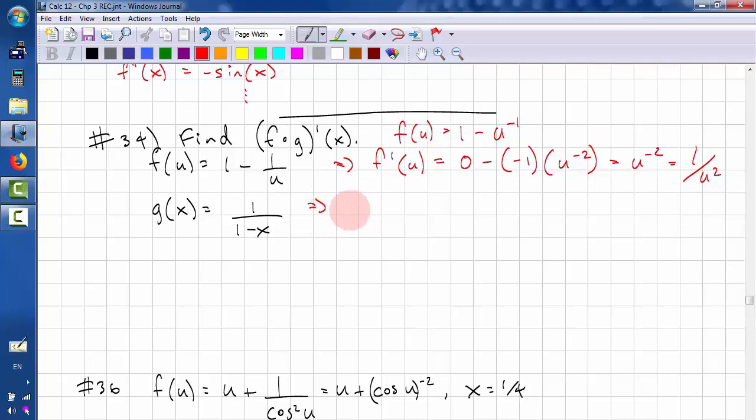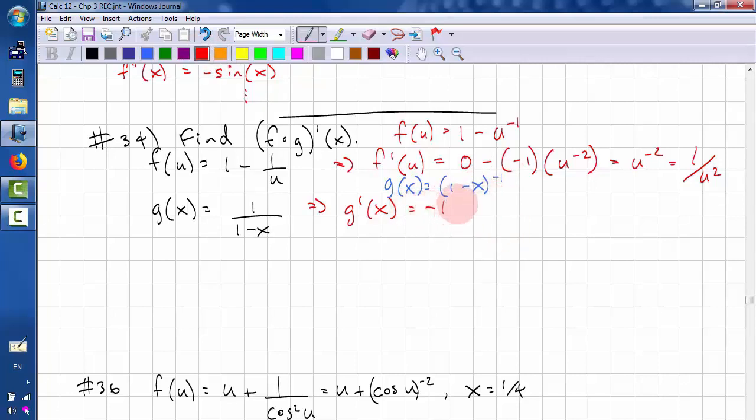And the derivative here, g prime of x. Again, we might want to rewrite this. We have g of x equals 1 minus x to the power of negative 1. This is going to require the chain rule. So we're going to use the power chain rule.